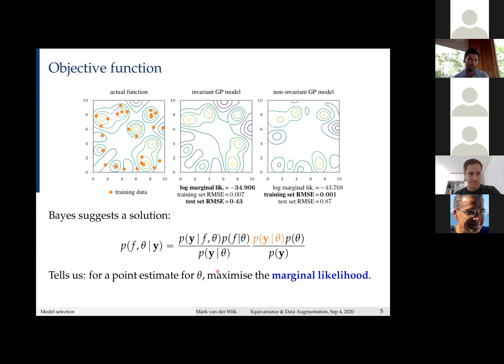By looking at the posterior over both the function and the parameters that determine the invariance, we can see, and I'm not going into the details of this, that in order to find a point estimate for the invariance parameters, we actually want to maximize the marginal likelihood instead of the normal likelihood, the normal training loss. And this is an objective function which has very different properties, which are exactly the right properties that help us find the right constraint on our function class.